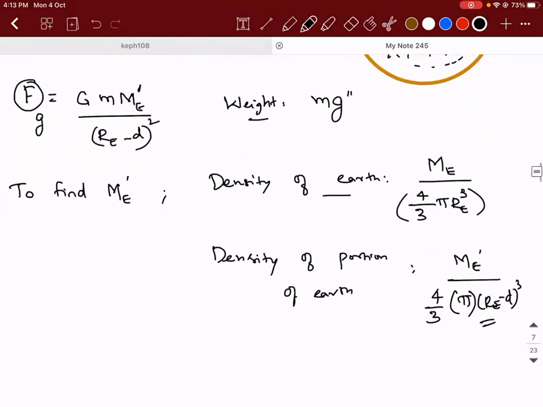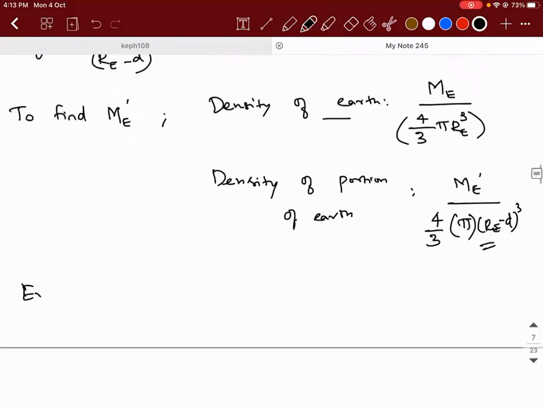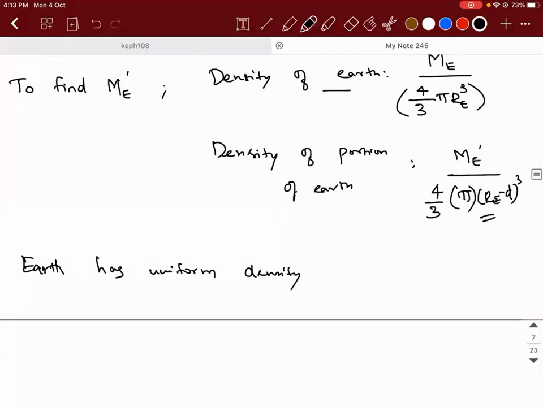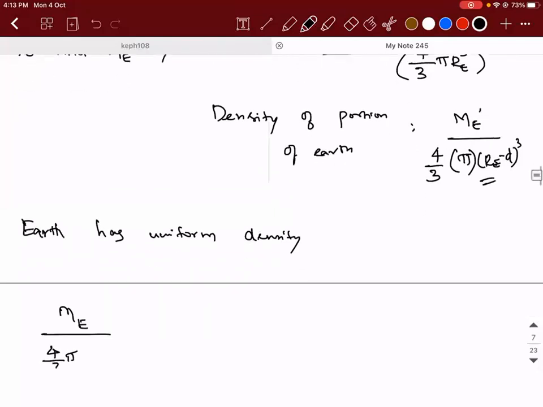Correct? Now, what we will do is, we will assume that the earth is having a uniform density. When earth has uniform density, then ME divided by 4/3 pi RE cube is exactly the same as ME dash divided by 4/3 pi into RE minus D the whole cube.